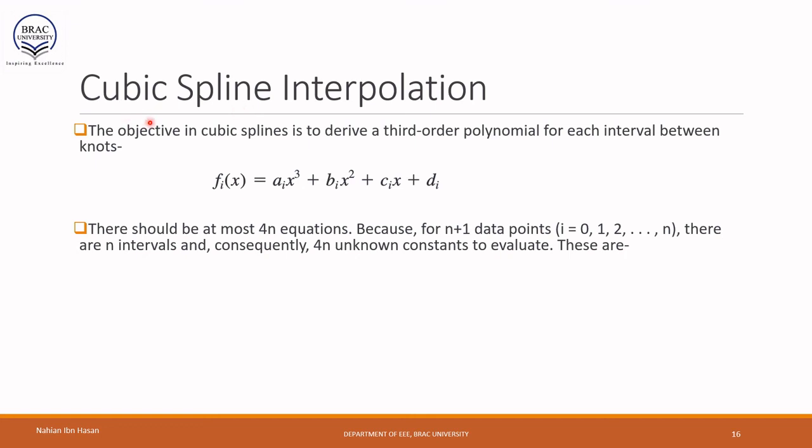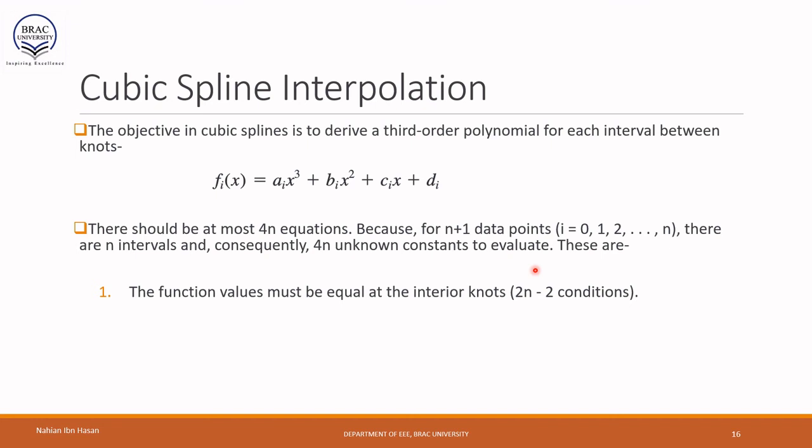We do not need to find the fourth order or fifth order spline interpolation, because spline interpolation was actually used for lower order interpolation polynomials within each interval. So that's the main purpose for using spline interpolation.